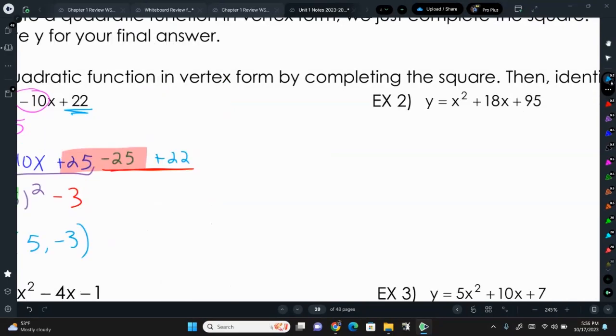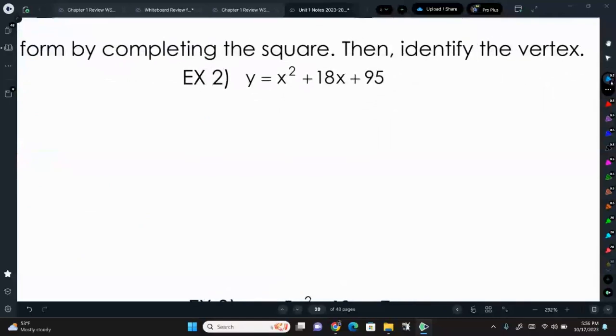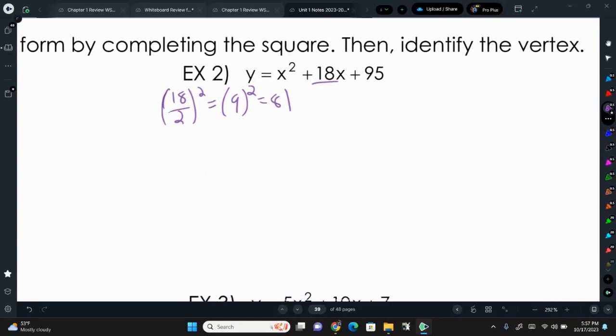So with this next one over here, we're going to do our b value, 18 over 2 squared, which is 9 squared, which is 81. So I'm going to add and subtract 81 from the right side.